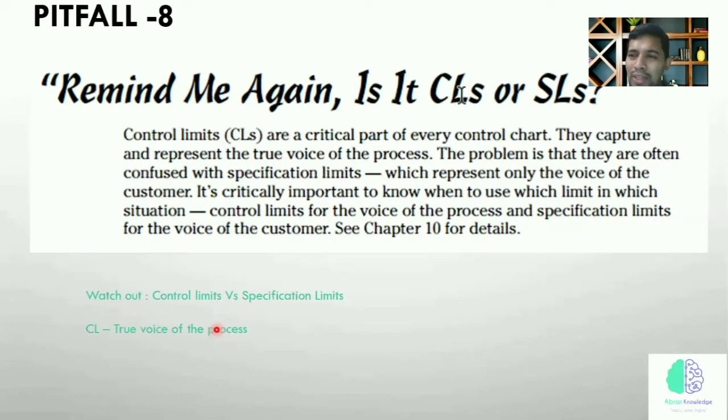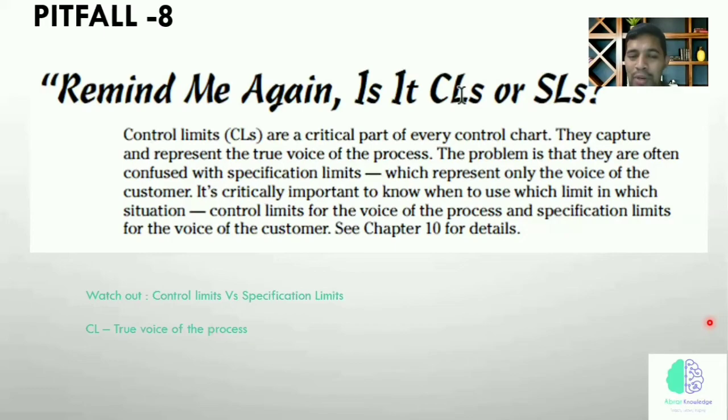Sometimes that's where CPK comes in handy. Sometimes your CP is very beautiful, CP is 2, that means it's six sigma, but when it comes to CPK, it is 1, not capable, variation is more, and only three sigma. So that's the reason we also need to take care of CPK.